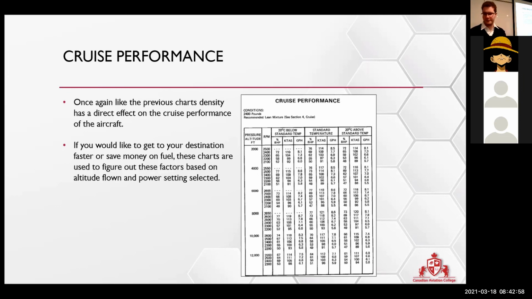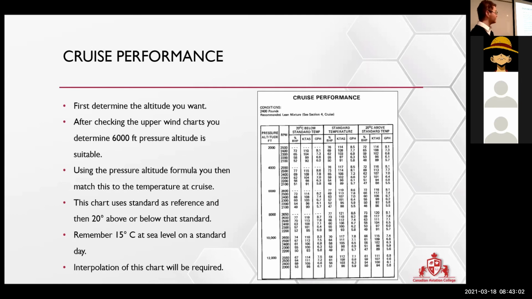Technically, yes. Okay. So let's suppose we have a thing over here. All right. So first determine your altitude. So let's say we want to fly at 6,000 feet. No need to write anything down, just understand. All right.